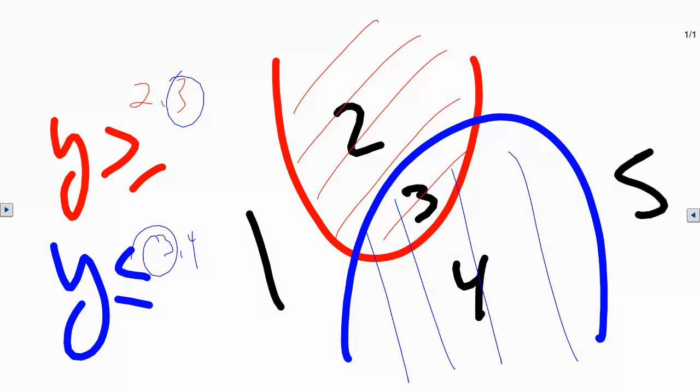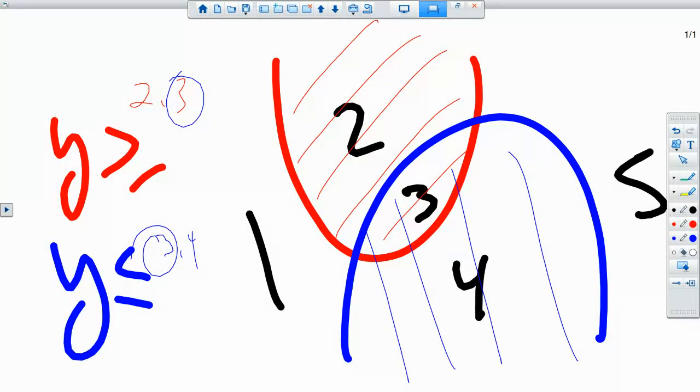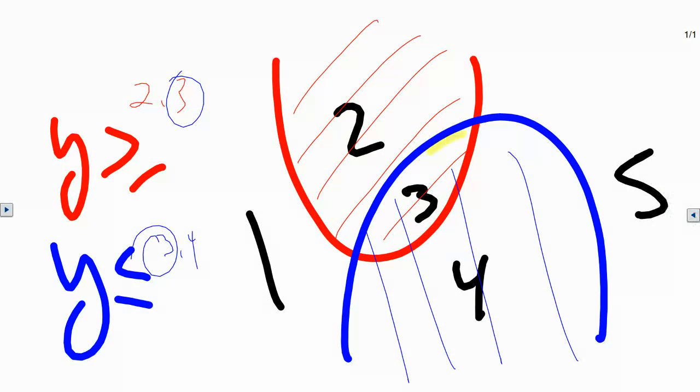It satisfies both directions. It's above the red one, but below the blue one. So if you're asked to graph this, you would be just shading in region 3, and you wouldn't do all that other shading. You could, but it's really not helpful because the solution for this system is region 3.